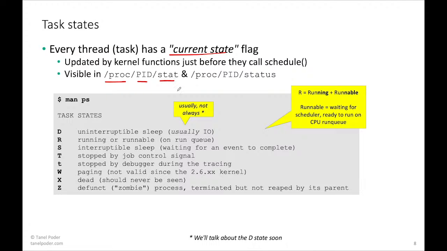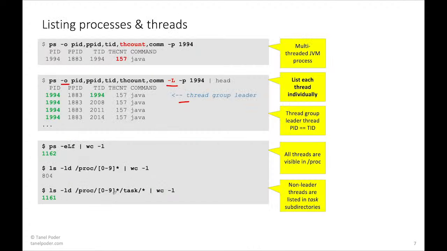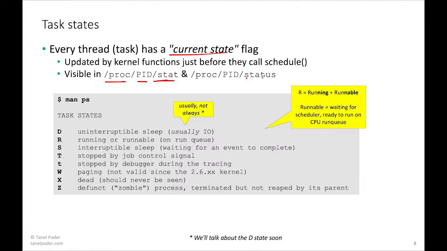If I go back to the previous slide, if you have a multi-threaded process, you have the process ID, a task subdirectory, and every single thread under your process is listed there as a pseudo directory. On that you have the stat and status files, and this is where tools like ps and top get their info.